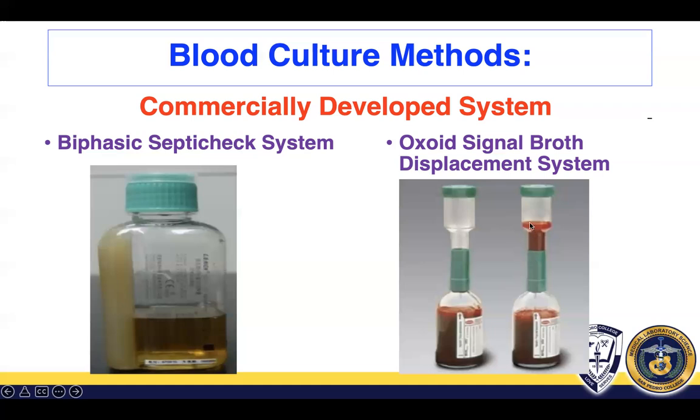And the presence of blood in this container is a signal of a positive blood culture. Again, if there are organisms living in the specimen, gas will be produced. And when there's enough gas, it will cause an increase in pressure. So blood will come up into the needle and up into the cylindrical signal device.